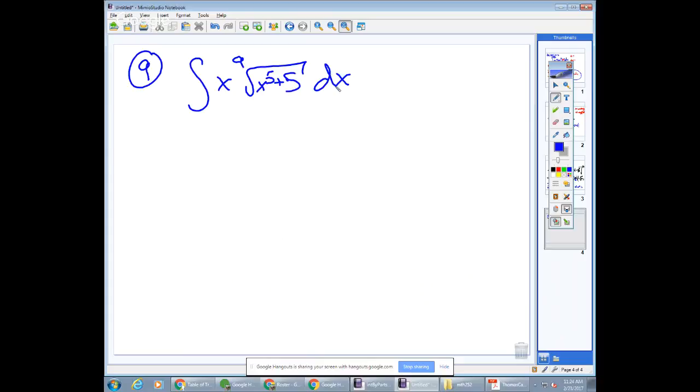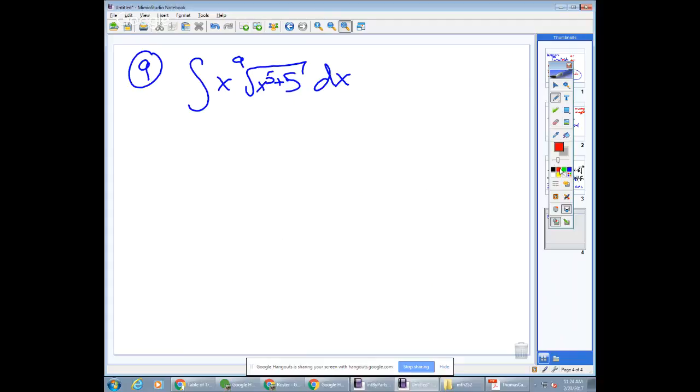X to the 5th plus 5 is not going to magically turn into any kind of perfect square. If I did a regular u substitution on that, I could turn that into the square root of u, but then I would get some craziness outside. So I'm just going to fiddle with this for a second before I try the table version.